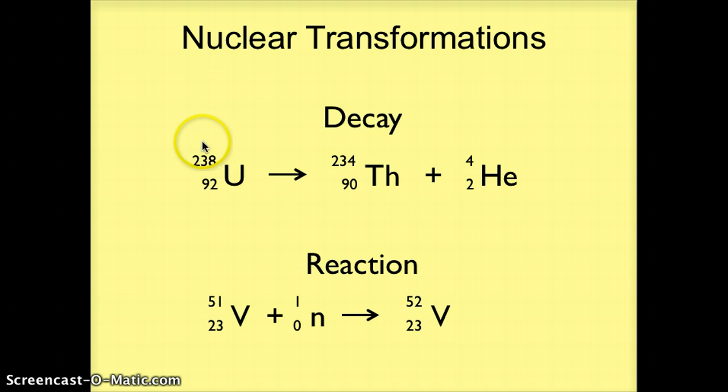So we have to make sure that the numbers on the left equal the numbers on the right. So 238 for our mass is equal to 234 and 4, which gives us again 238. 92: 90 plus 2 is 92. So make sure that you're following the law of conservation of matter, that matter cannot be created nor destroyed.